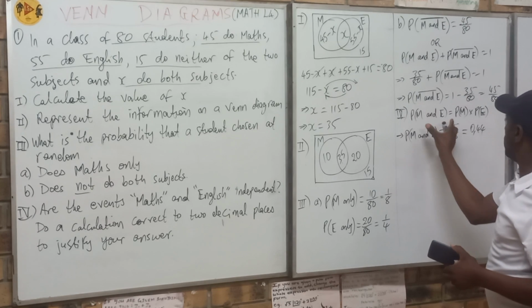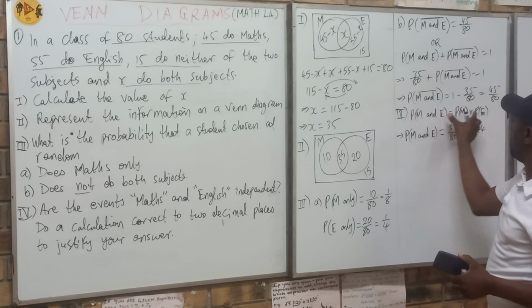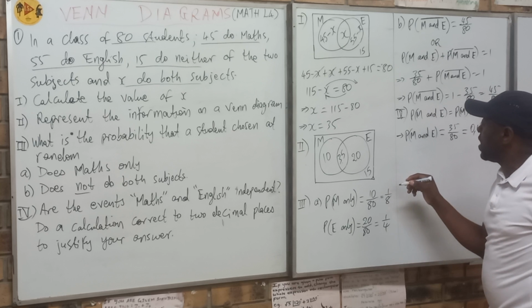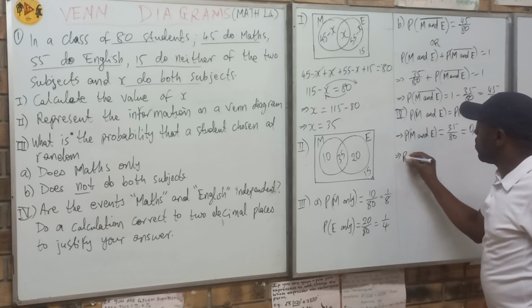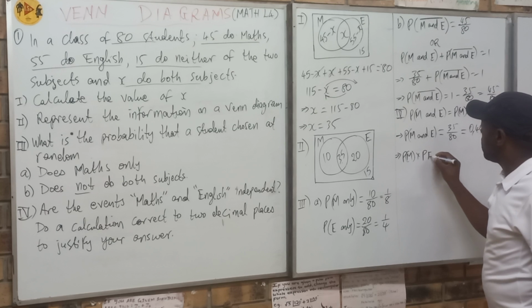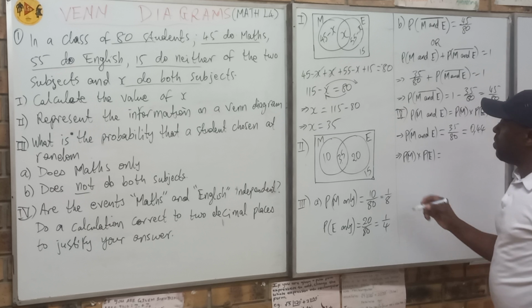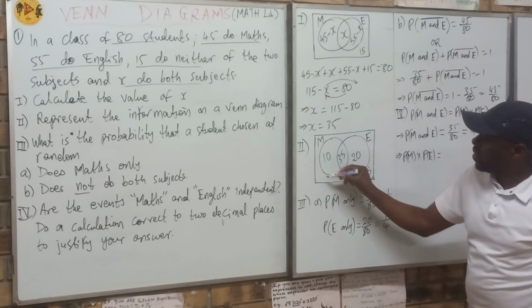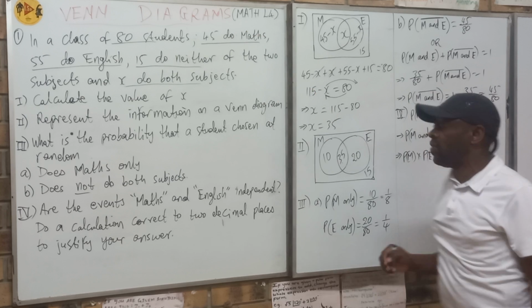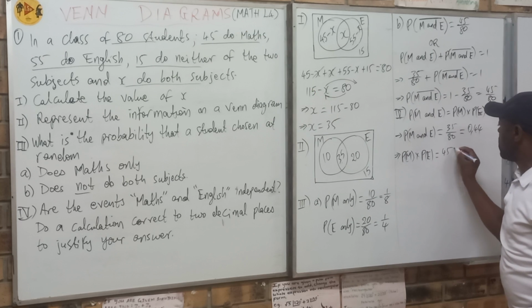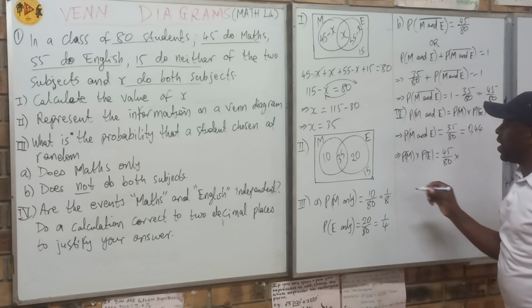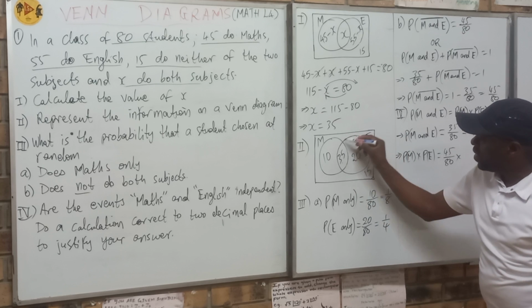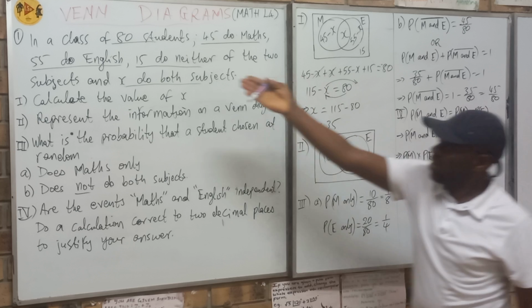Then I've calculated the left-hand side of the formula for independence. Then I'll go to the right-hand side. The right-hand side requires me to take the probability of M multiplied by the probability of E. So the probability of M means I check everything in the circle M. Those who do mathematics are 45. It was actually given to us. So it's 45 out of 80 multiplied by those who do English. You see it will be 55 as it was given to us.